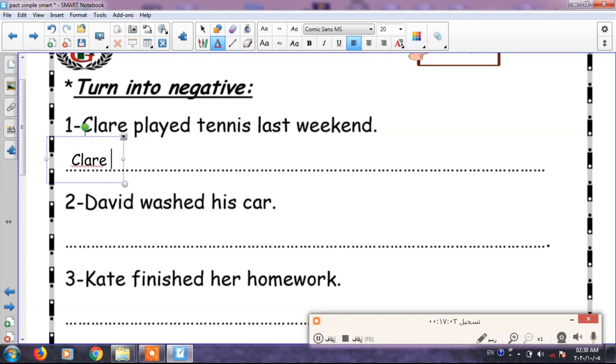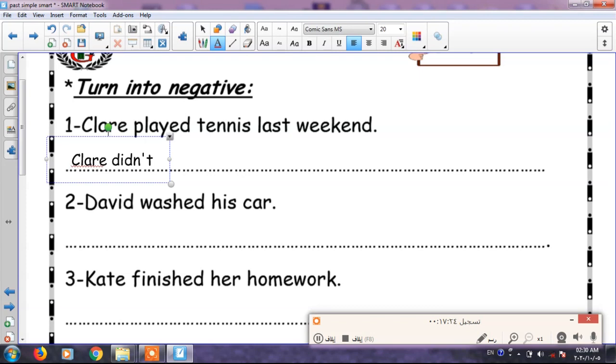So we have said that played the verb, so I will write didn't. And after didn't, the verb becomes in the, yes, very good, infinitive. The verb without any additions. The verb as it is.